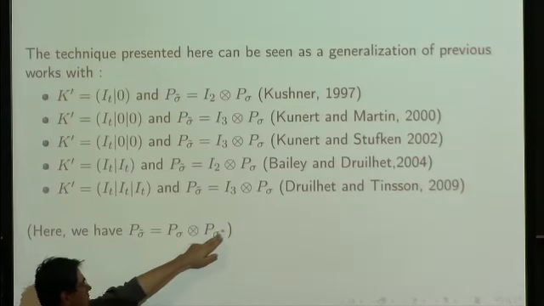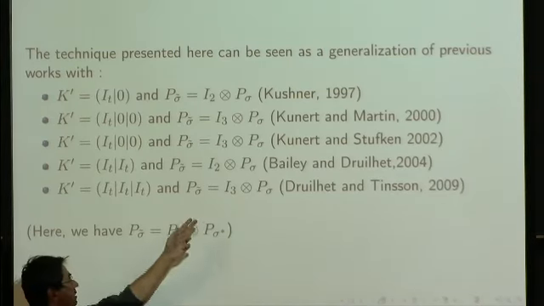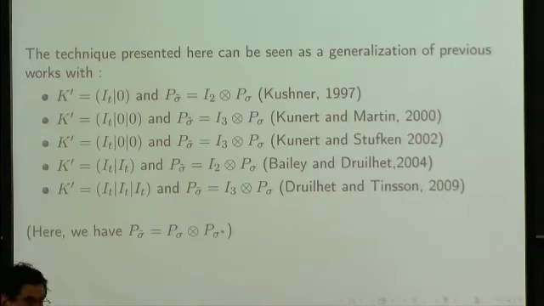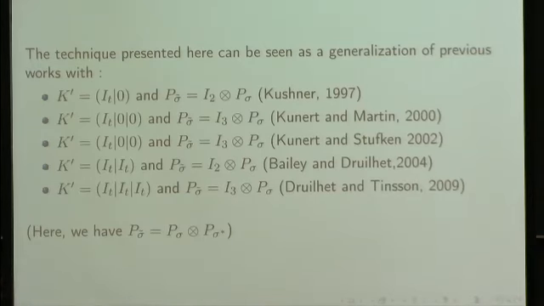But if you don't want a circular design, you have to put a star here. So this is more complicated, and especially what is more complicated is that instead of having identity Kronecker product with P sigma, we have P sigma Kronecker product with P sigma star. So this is why it's a bit more complicated in the following.